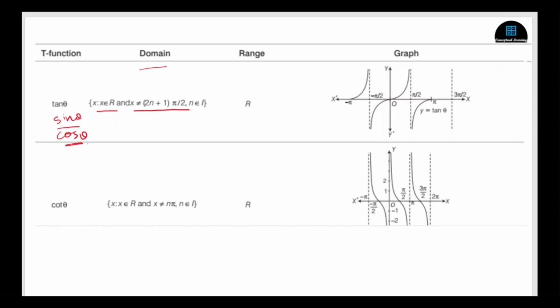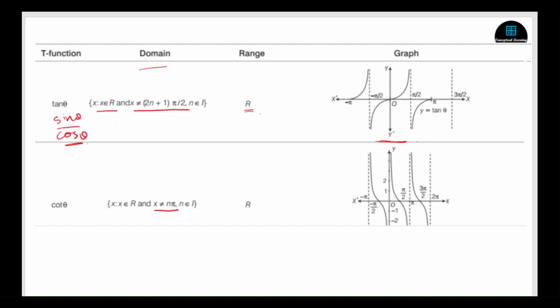So range is any real number, okay? So this is how the graph looks like. Alright. Now same way for cot theta. So we have excluded the values in domain where the sin theta value is 0. So this is how the graph looks like.